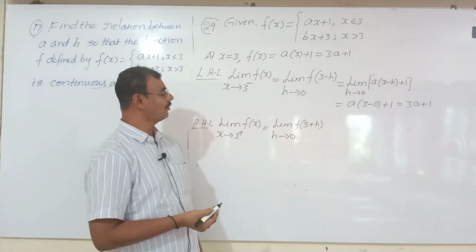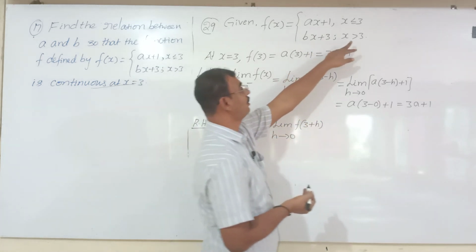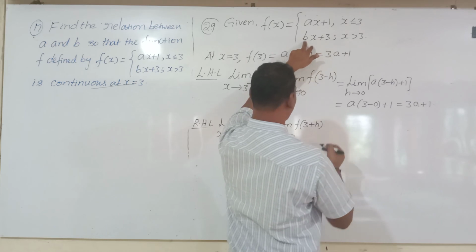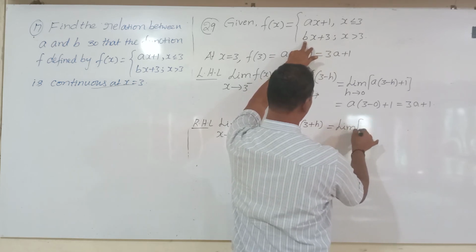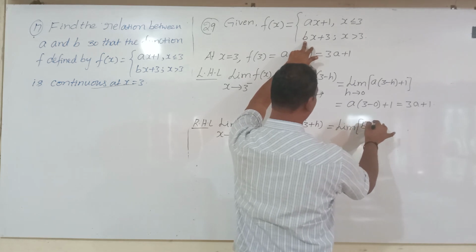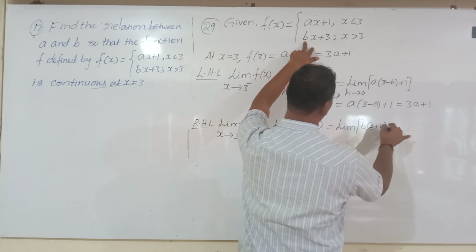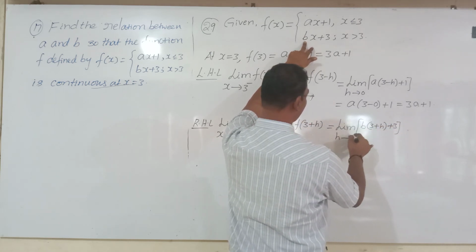When x is more than 3, f of x is bx plus 3, so the limit of b into 3 plus h plus 3 as h tends to 0.